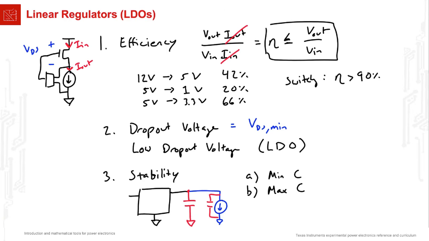Another feature that's very tricky is sometimes these capacitors are required to have a min and a maximum ESR. So the ESR is important. Now it makes sense that you would have a maximum ESR, right?